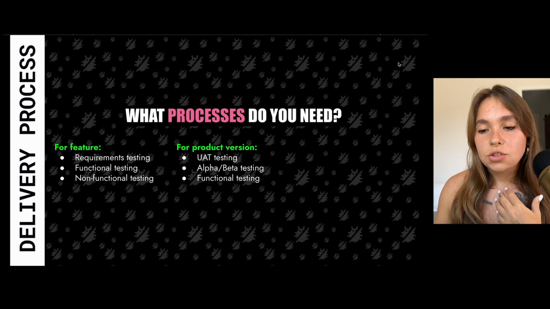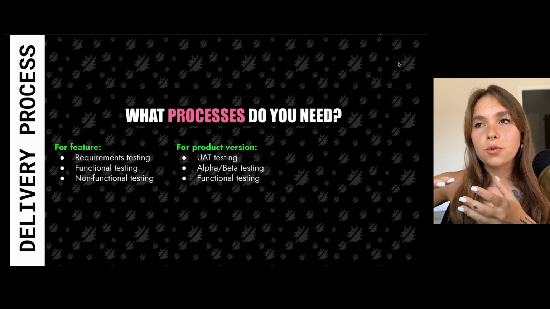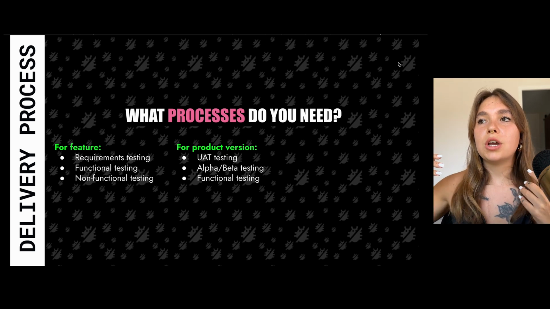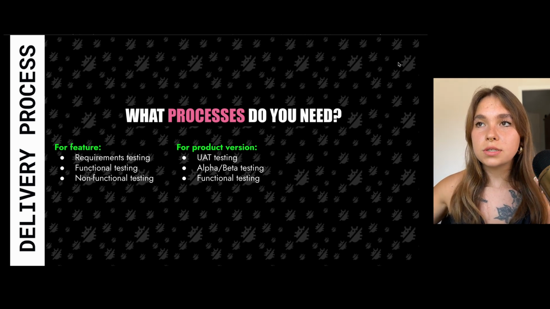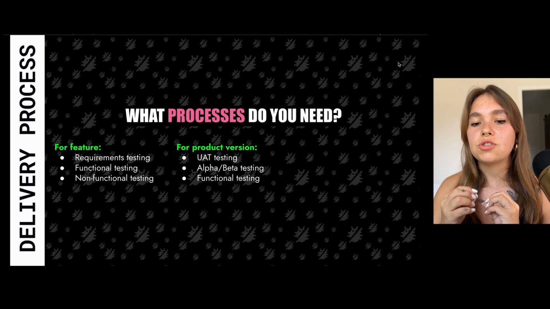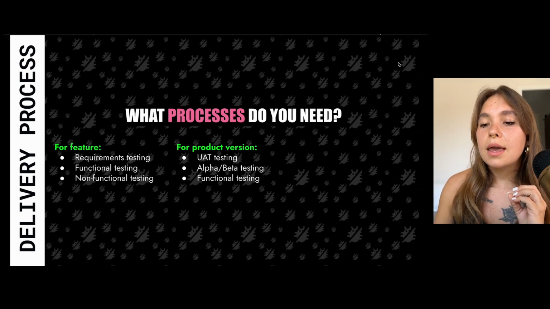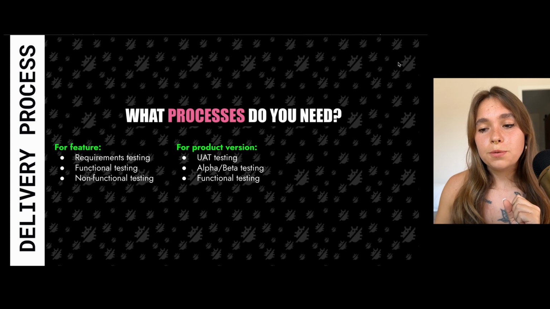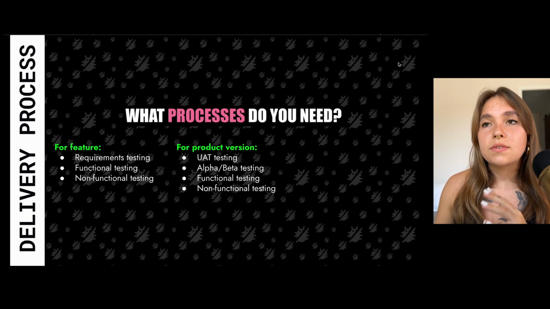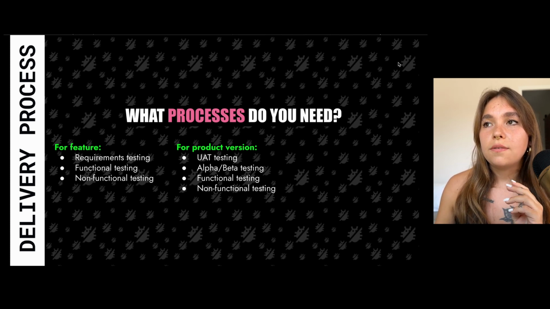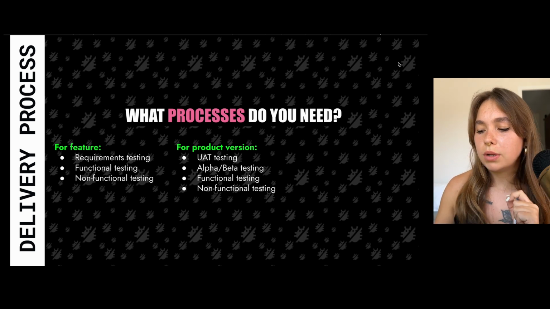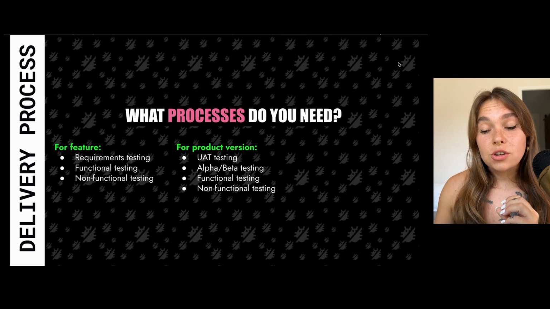We can have functional testing for the whole product version, because here we can check how our features work together, like integration testing. And it's only for the product version. Non-functional testing, the same: in general, the effect on performance, also when we have a bunch of features, not only one feature. So that's actually a lot.